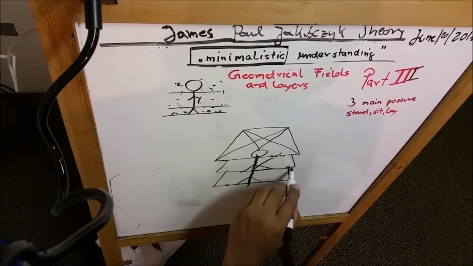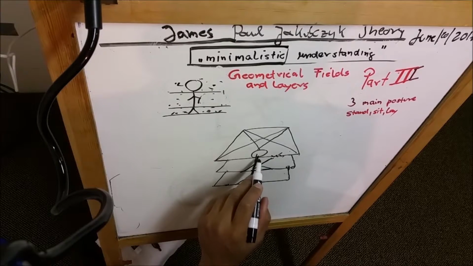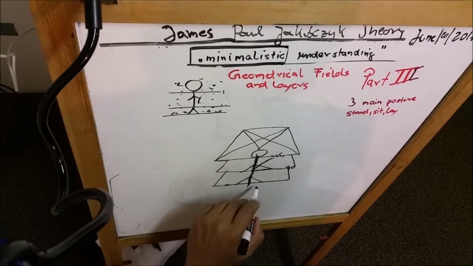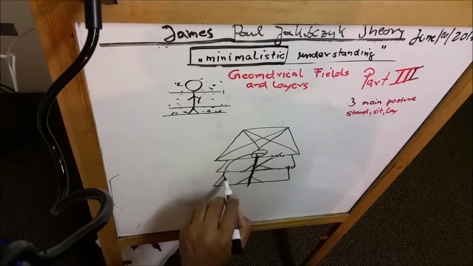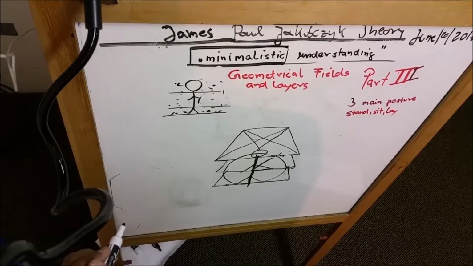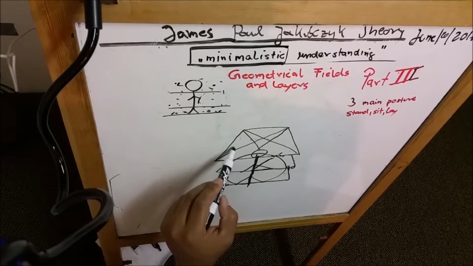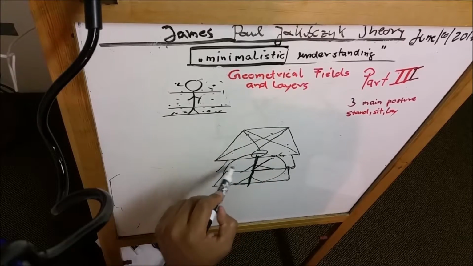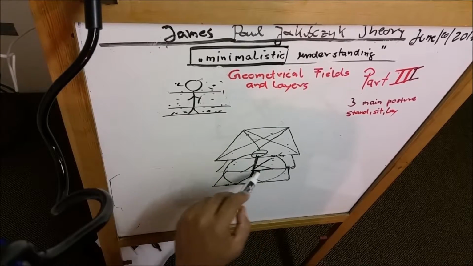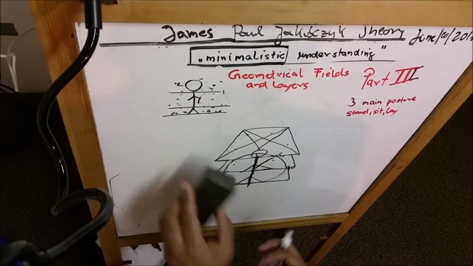If you're very stretchable, you can go all the way down, and that would be, so to speak, 360, and it goes all around like this, right? And all those things you are interacting with are in those different layers and fields.